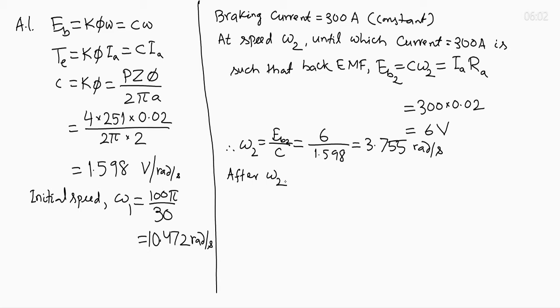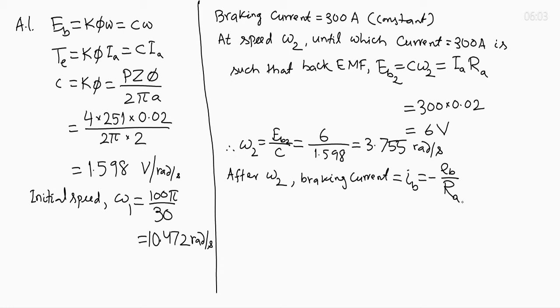totally removed, totally eliminated from the circuit, so the external resistance is 0. Then obviously, the braking current will fall with the induced EMF. So, what is the braking current? Let us write IB. It is minus EB by RA.